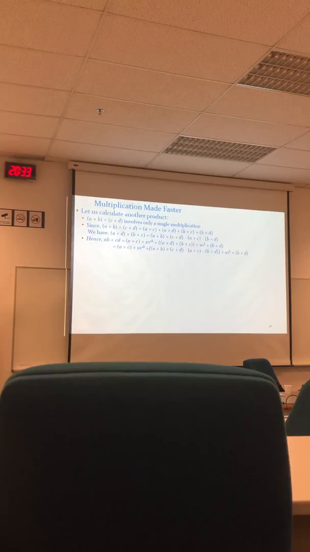So 1, 2, 3. Earlier we had 4 multiplications. Now, after we express it this way, we only need 3 multiplications. Times 10 to the power of something is not considered a multiplication. We don't count that, we want to reduce single digit multiplications.